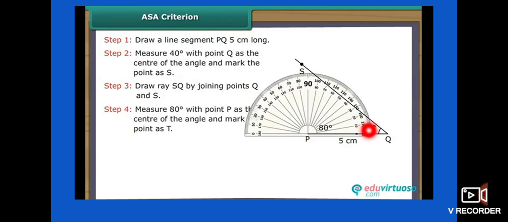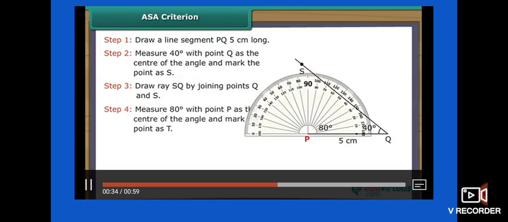Here you take the 80 degree measurement: 10, 20, 30, 40, 50, 60, 70, 80. This is 80, but you shouldn't misunderstand. This is 80 and this is 100. You start from 0, then 10, 20, 30, 40, 50, etc. Then 80. Then mark a point there.